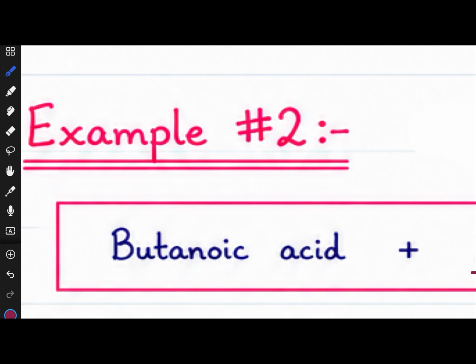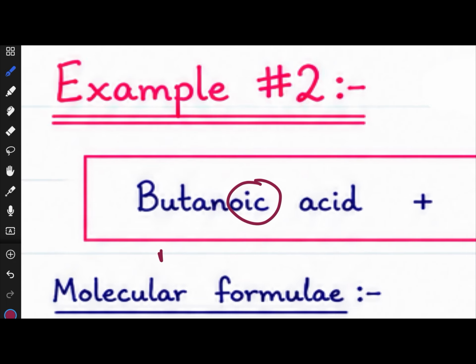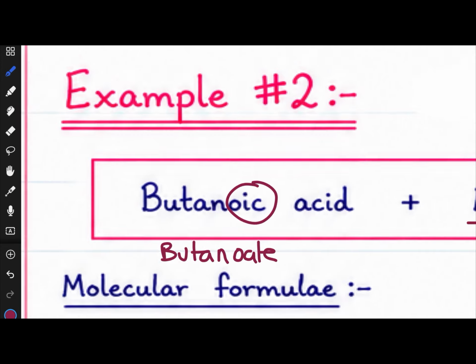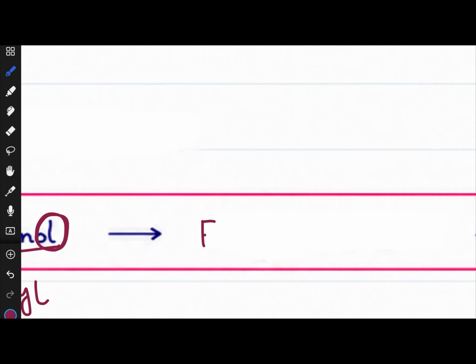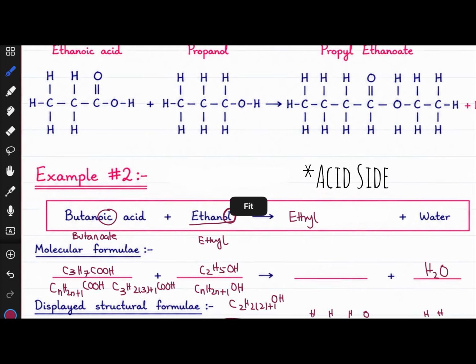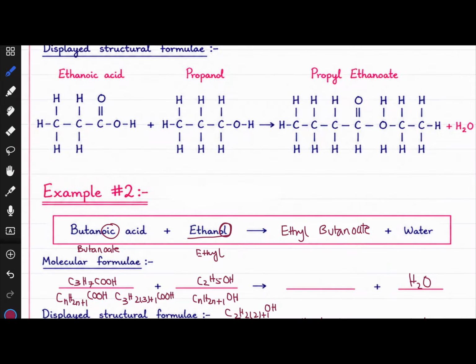We're going to remove the -oic acid part, and we're going to replace it with -oate, so it's going to become butanoate. The first part comes from the alcohol, so it's going to be ethyl. And the second part comes from the acid side, so it's going to become butanoate. So the name of the ester is ethyl butanoate.